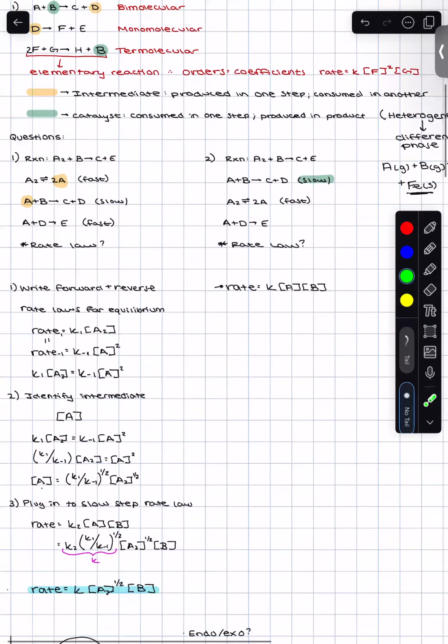Down here, I would expect that they're either going to ask you like this, just find the rate law, or they could give you, like we did one of these for practice, mechanisms where they give you multiple mechanisms and ask you which one satisfies this rate law. It's the exact same format. You just need to find the rate law of each of them and figure out which one matches. Okay? Any questions?